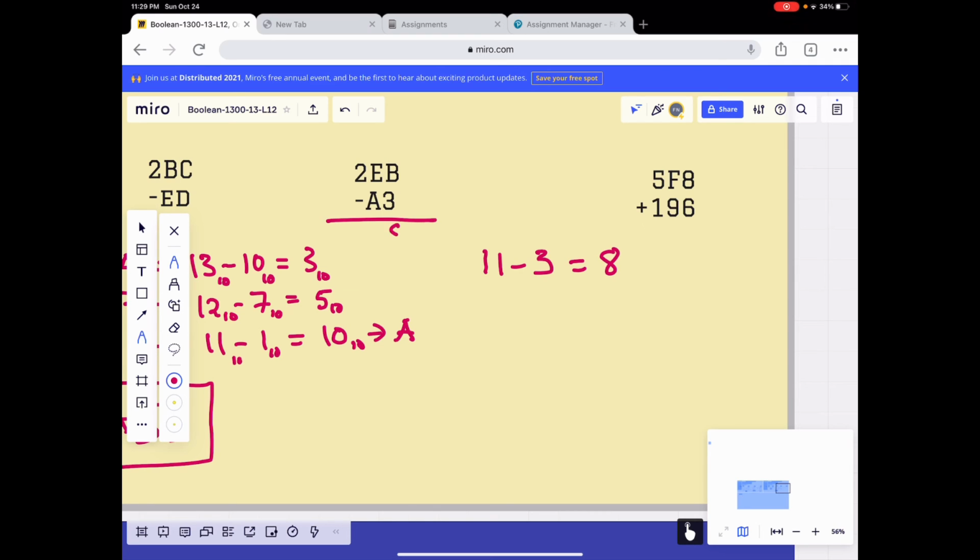So I write out 8. And E minus A, E is 14 minus A is 10. So 14 minus 10 equals 4. So I write out 4. And then the 2, bring it down. So your answer is 248.